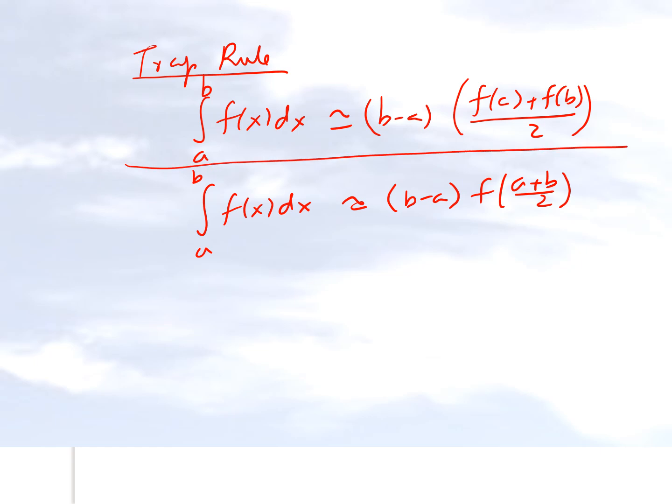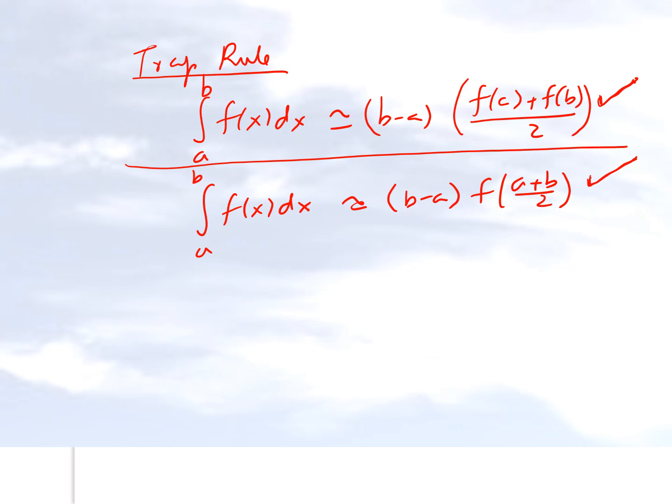You can see that this one is exact for a first order polynomial, and this one is also exact for a first order polynomial. So we will get different answers for the same function integral, whether we use this formula or this formula, but for a first order polynomial, we'll get exactly the same value, which is the exact value itself.